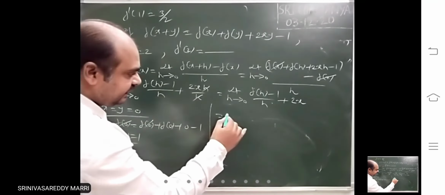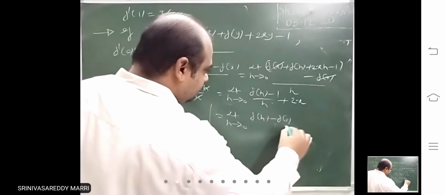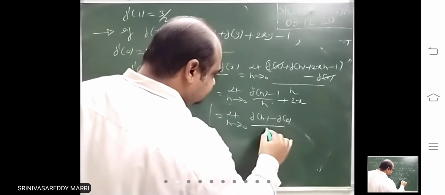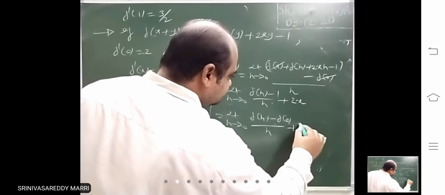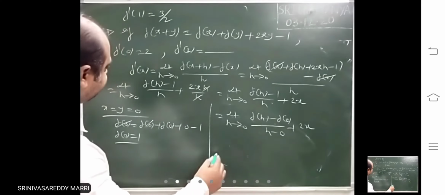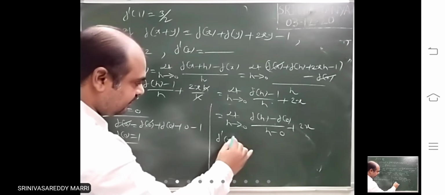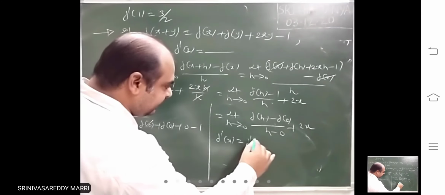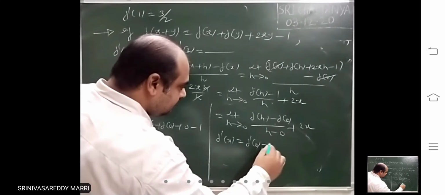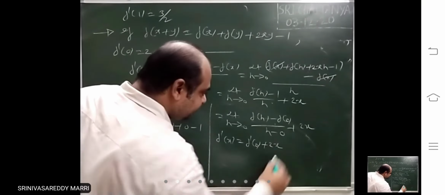Come here: limit h tends to 0, f of h minus f of 0 over h, plus 2x. According to the definition, that is nothing but f dash 0 plus 2x.